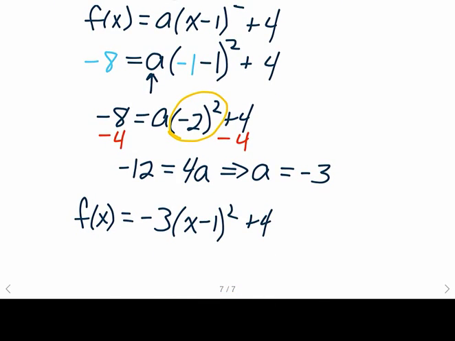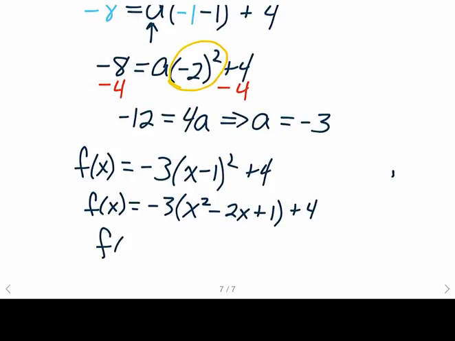So we're just going to put this into what's called standard form by foiling. So I have f of x is equal to -3 times the quantity of x squared minus 2x plus 1 plus 4, which is going to simplify.